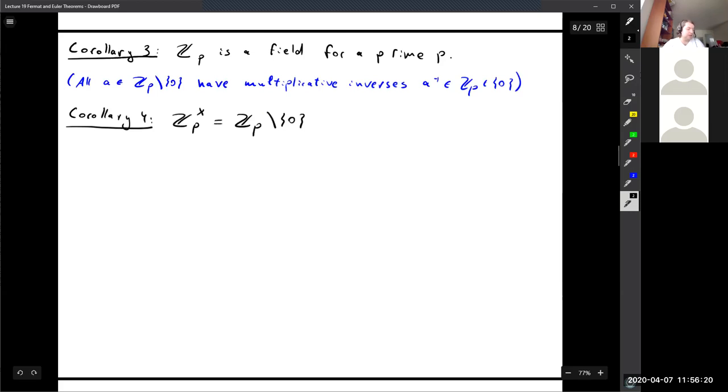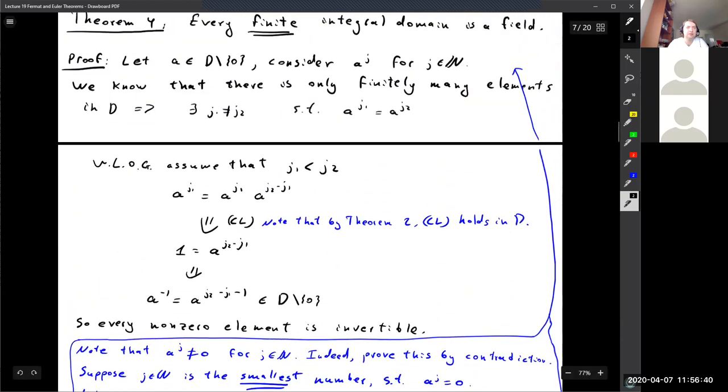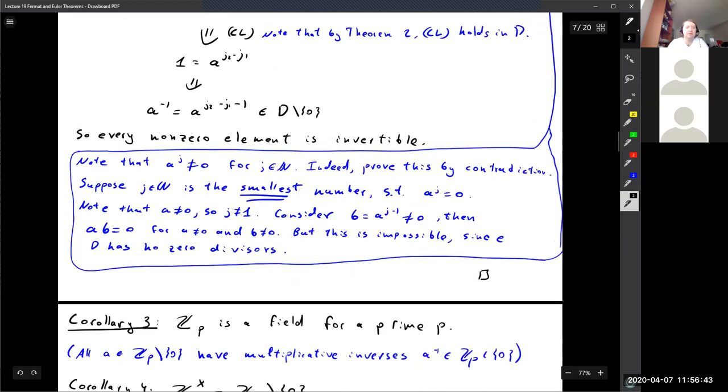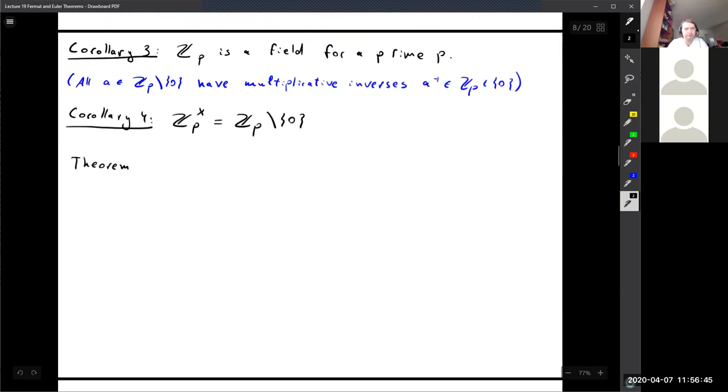And this brings us to the following theorem, which is the essential part of the so-called Fermat theorem. The previous one was theorem 4, so that'll be theorem 5, which is formulated as follows.